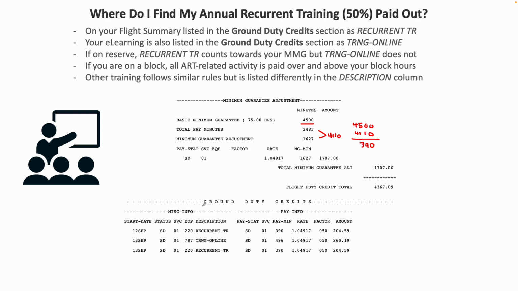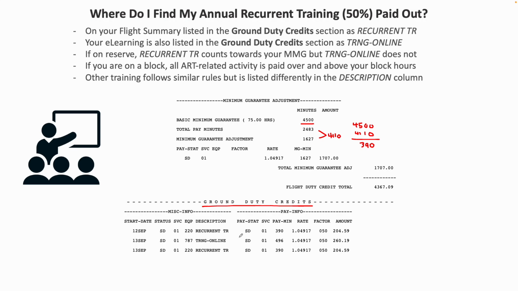If we look under ground duty credits, as I mentioned earlier, on reserve, annual recurrent training counts towards MMG. So all of the minutes spent in ART have to be included for pay purposes within the MMG guarantee. And that way you're not double dipping.